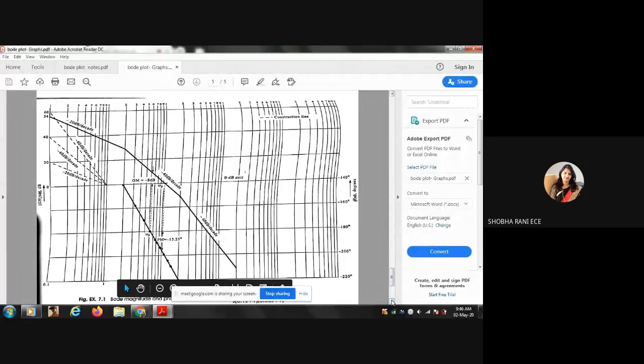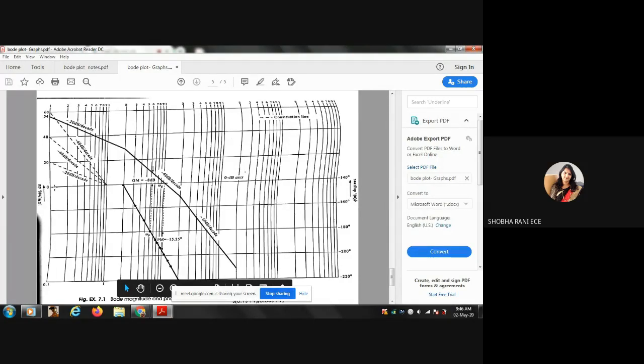After you have done this, the next thing is to draw the line which has slope equal to minus 20 dB per decade. How do we do that? You have your 0 dB line.